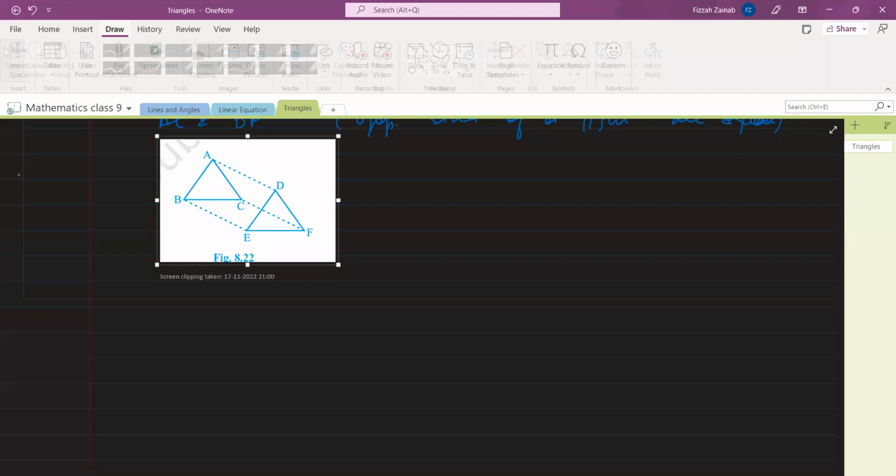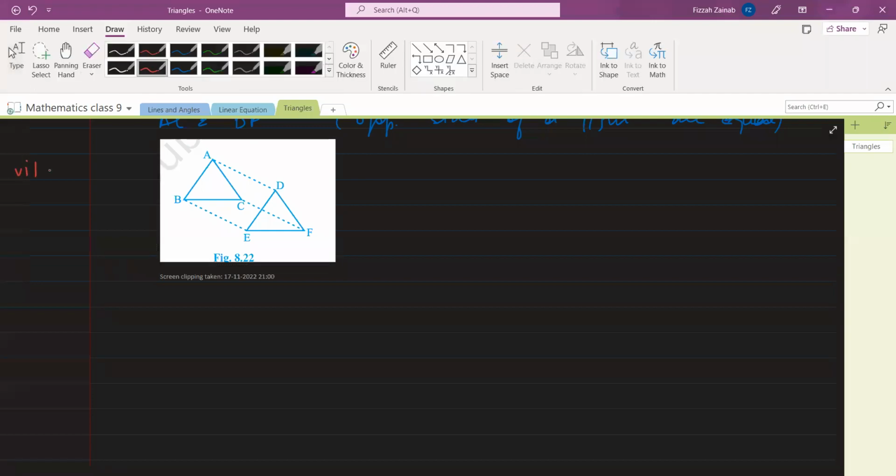So in part 6th, now you have to prove that triangle ABC is congruent to triangle DEF, right? So that means this triangle ABC is congruent to this DEF. Understand? Okay. So here, look at the three sides of the triangle. Two sides are already given to be equal. AB is equal to DE.